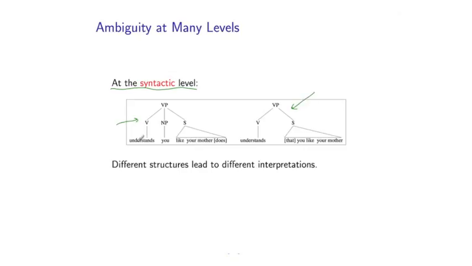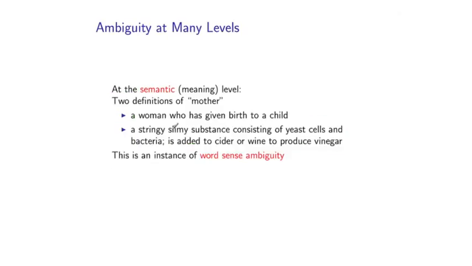So in fact, these 2 interpretations where the computer understands you as well as it understands your mother versus it understands the fact that you like your mother actually correspond to 2 quite different syntactic structures. So one of the key problems in natural language parsing is essentially disambiguation, choosing between different syntactic structures corresponding to different interpretations.